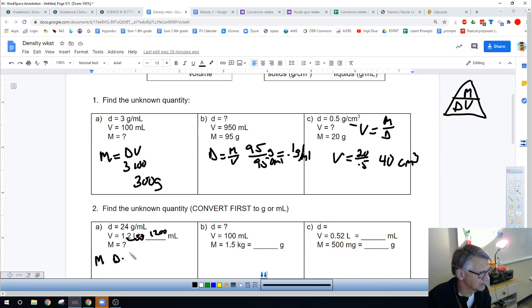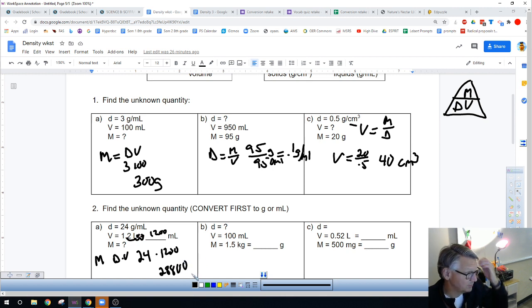So our density is 24 times 1200. And if we take 24 times 1200, we get 28800. And that's going to be in grams because that is our mass.